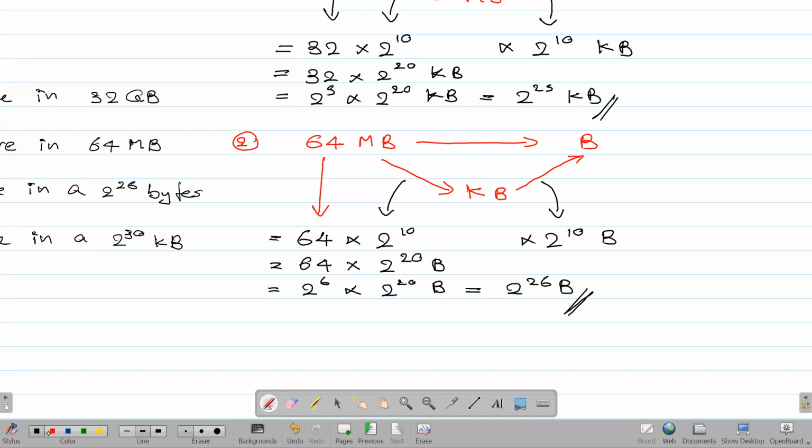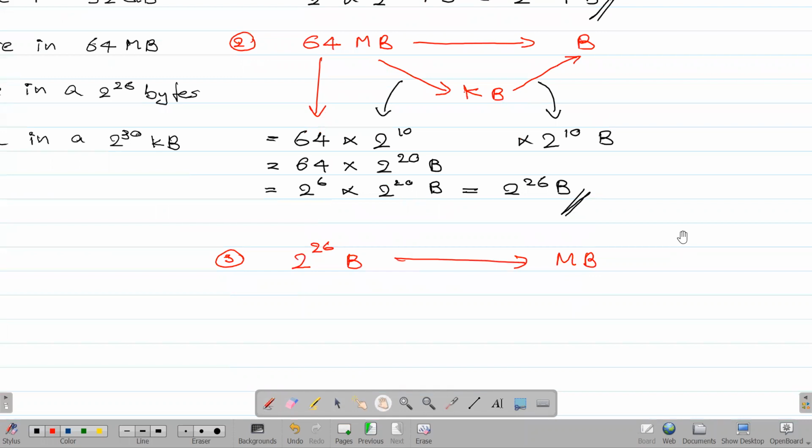Right. So the third one, they are asking to convert 2 to the power 26 bytes into megabytes. It's kind of the reverse situation of the previous math, right? So what we are going to do is we take 2 to the power 26 as it is. The journey is byte to kilobyte and from kilobyte to megabyte.